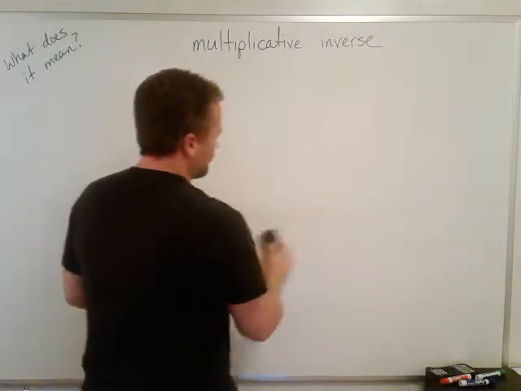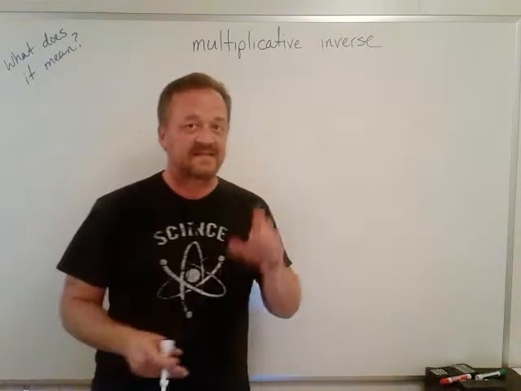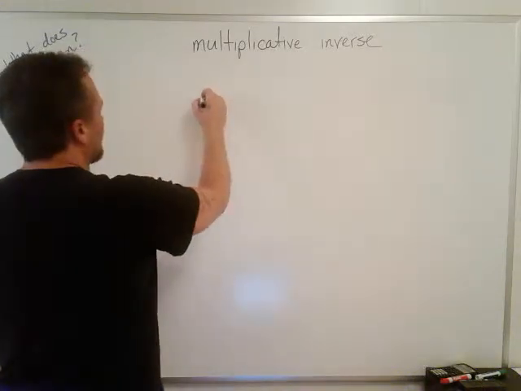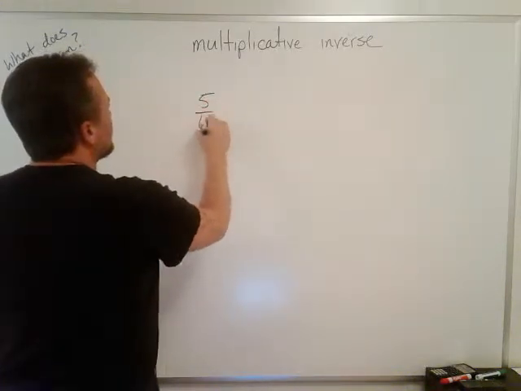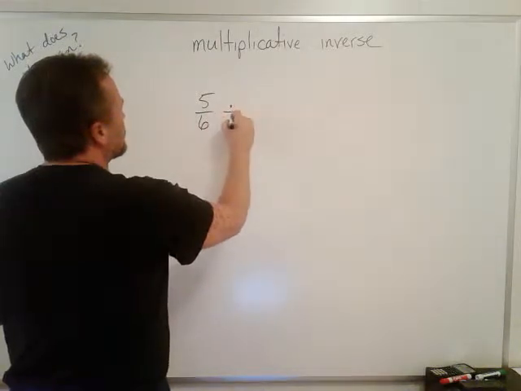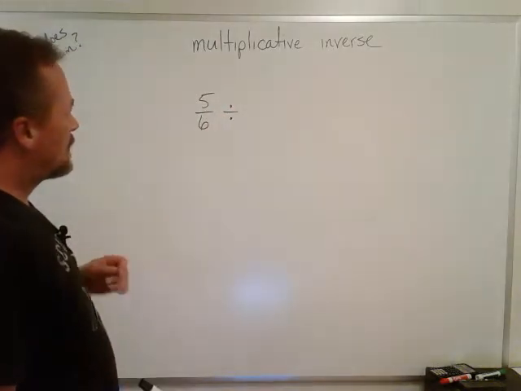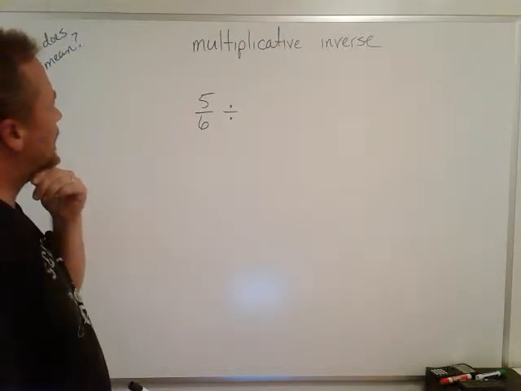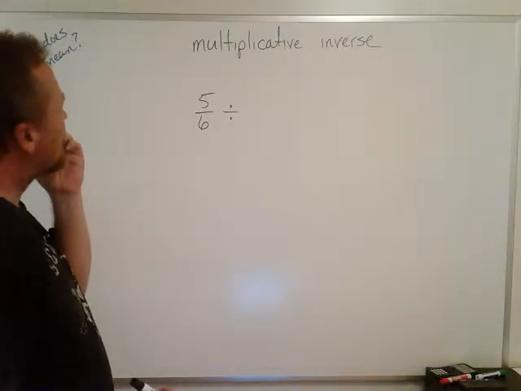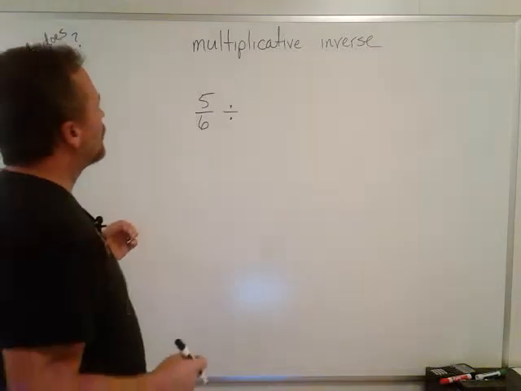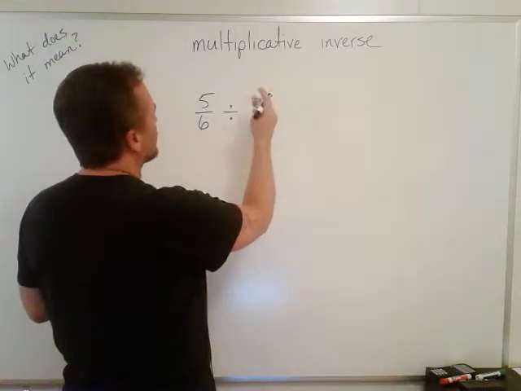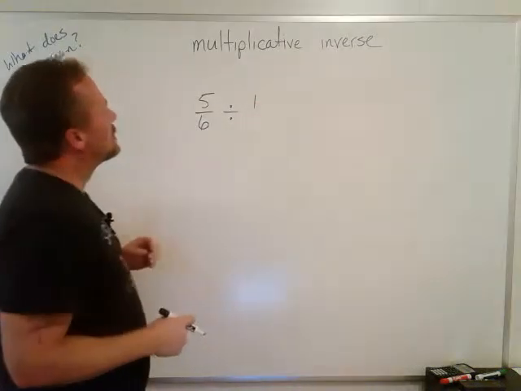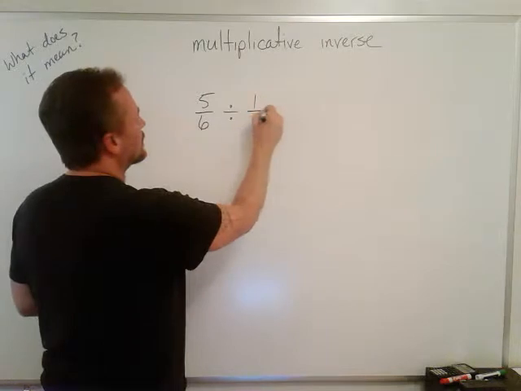Let's try one more, just so we can practice the keep, change, flip thing one more time. Let's say that we have 5/6 of something, and we want to know how many 12ths can fit into that.